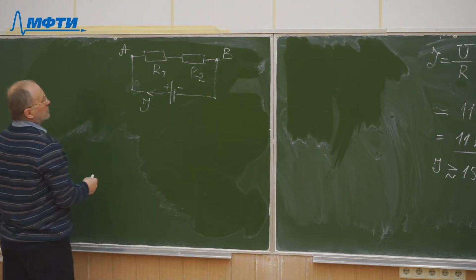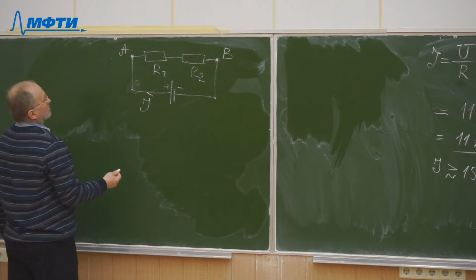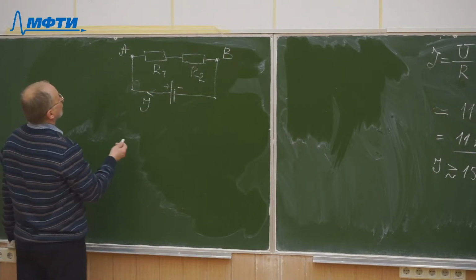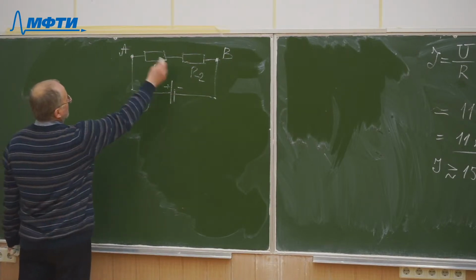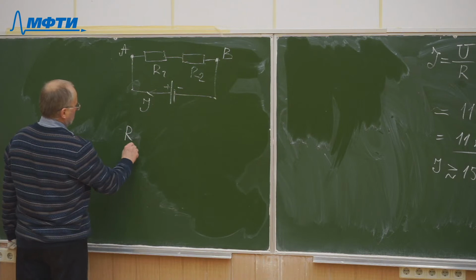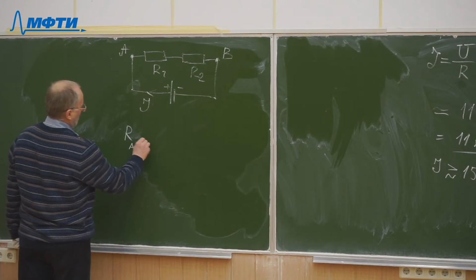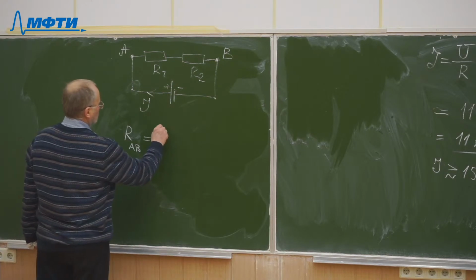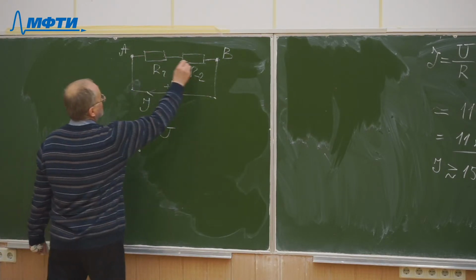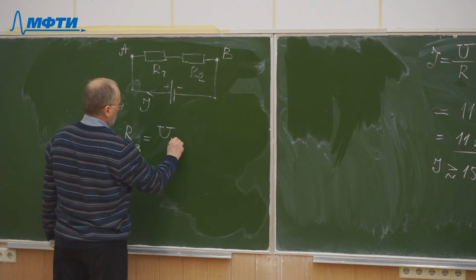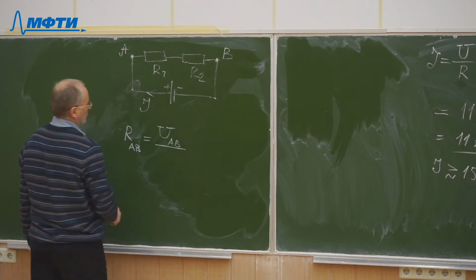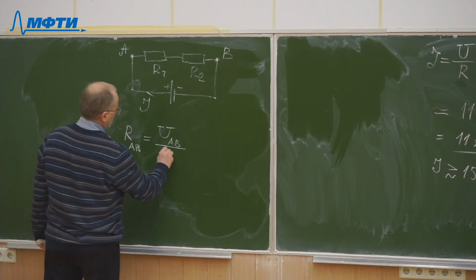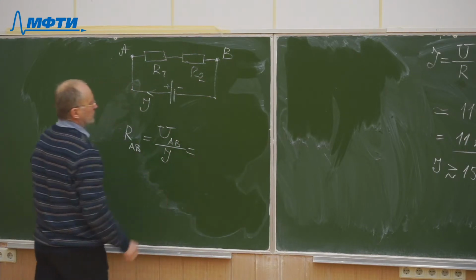So according to the general Ohm's law, the resistance between points A and B is directly proportional to the potential difference between these 2 points and inversely proportional to the current.